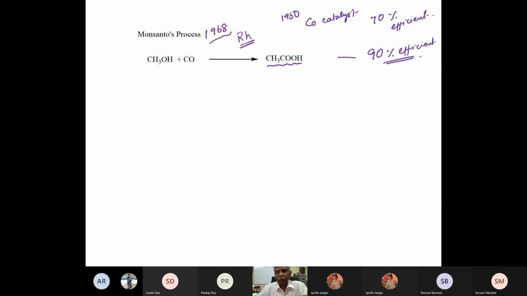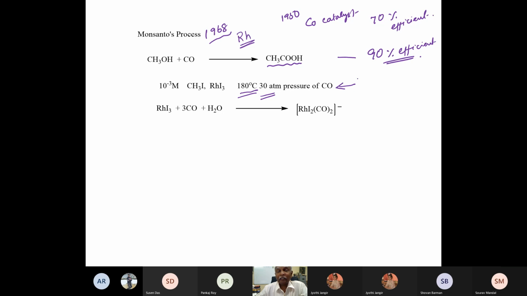In spite of that, it used rhodium. It used it at a high temperature and high pressure, 30 atmospheres of carbon monoxide. This itself is very difficult because carbon monoxide is very corrosive. Most steels have nickel in them.